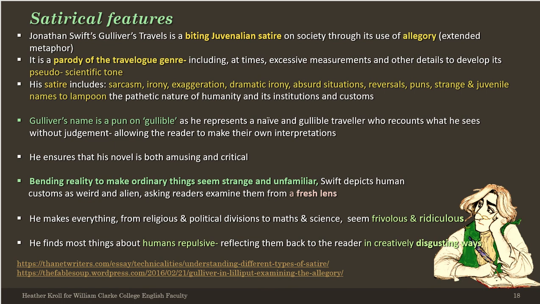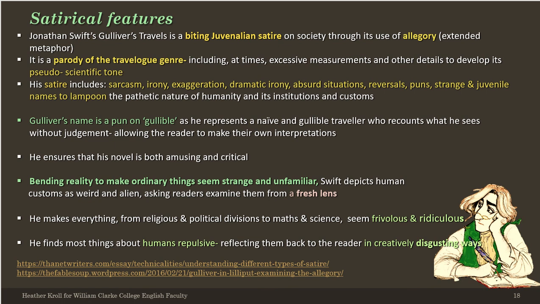So we suspend disbelief, and by allowing us to make our own interpretations of Gulliver's naive recounts, it actually increases that engagement between the writer and the reader, or the author and the audience.